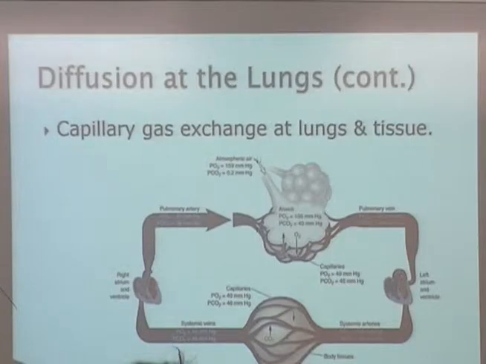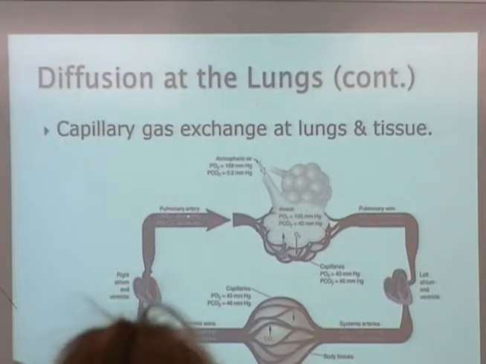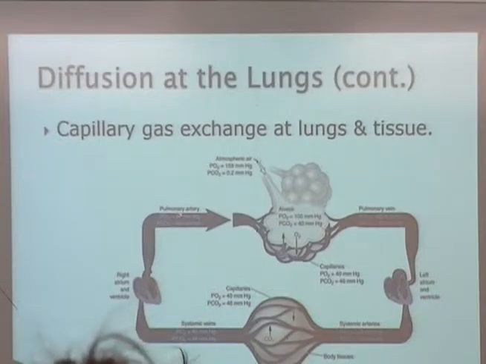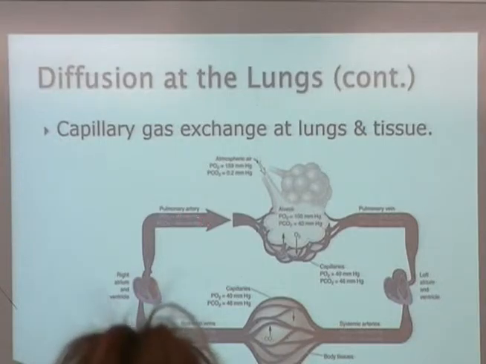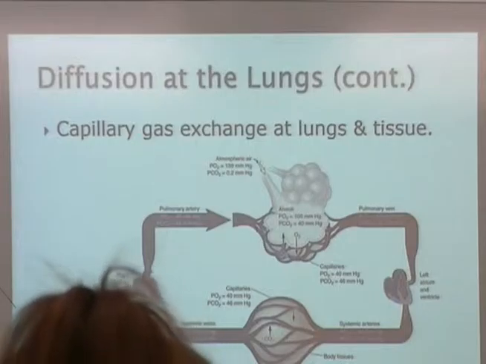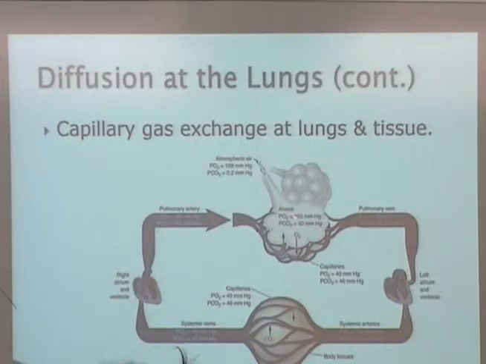Higher, right? So when we look at the blood flow from the heart to the lungs, the partial pressure at sea level is around 40 millimeters of mercury, right? But when I breathe in, the partial pressure within the lungs is 105. So clearly we have a high load, right?